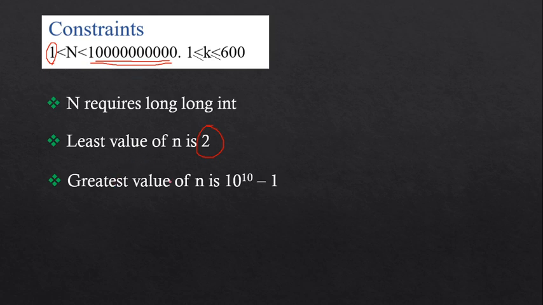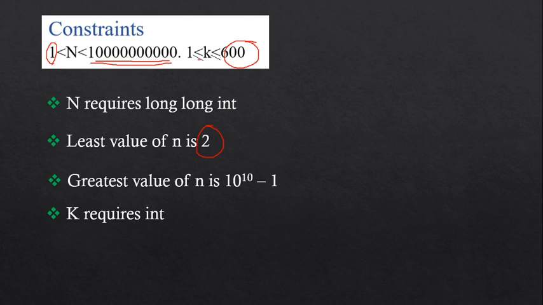So the greatest value is the previous of 10 power 10. What is the previous of 10 power 10? 10 power 10 minus 1. Similarly, k requires an integer. The k value is 600 only. 600 means it could be given within an integer. What is the least value? 1 less than or equal to k. Less than or equal to k means k is also included.